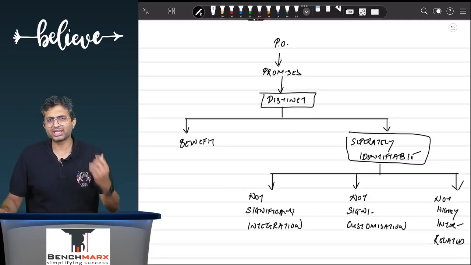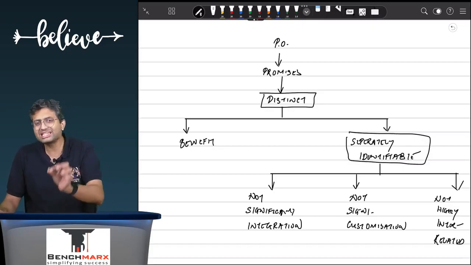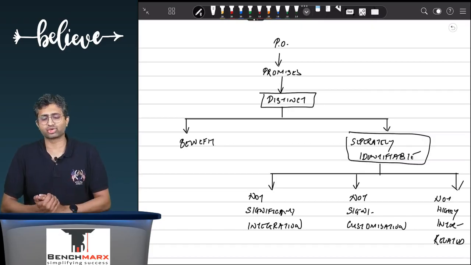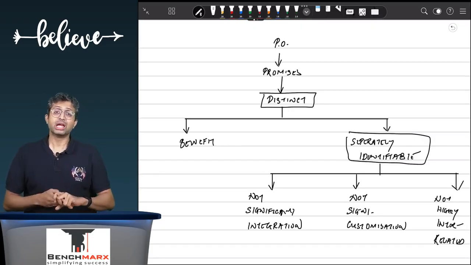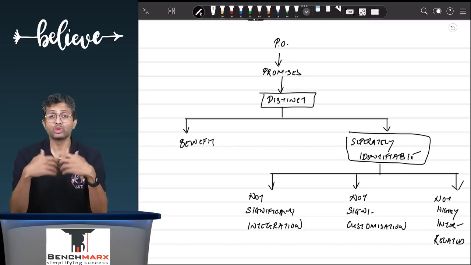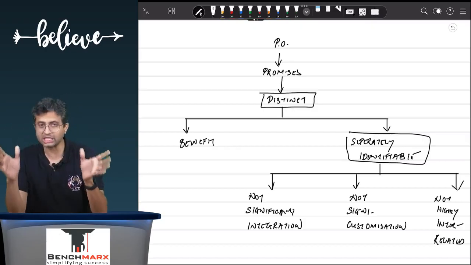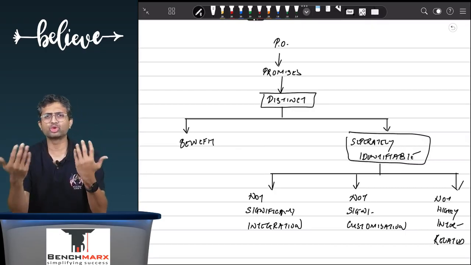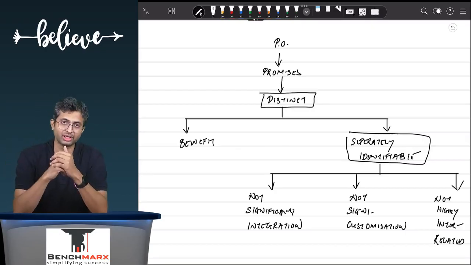However, it might happen that your agreement has a series of similar promises, like you have taken an annual subscription of newspapers, in which case there are 365 promises that the newspaper company has to deliver 365 distinct newspapers to you. Now one can say, "यार वो तो newspaper का single है," no, how is it single?